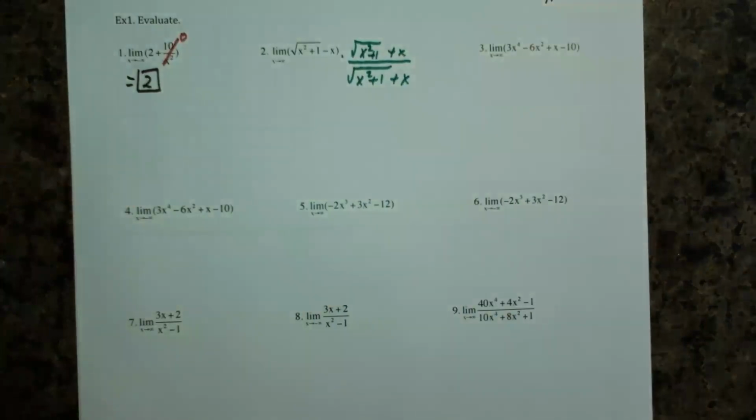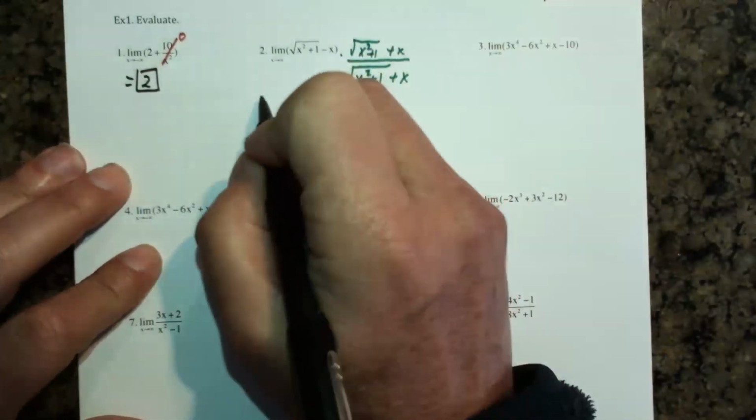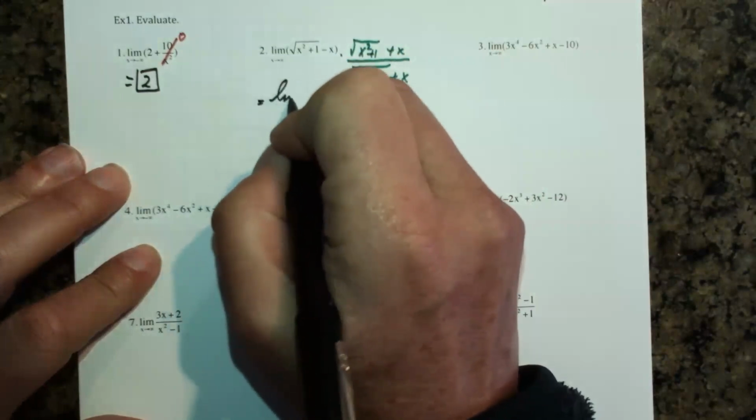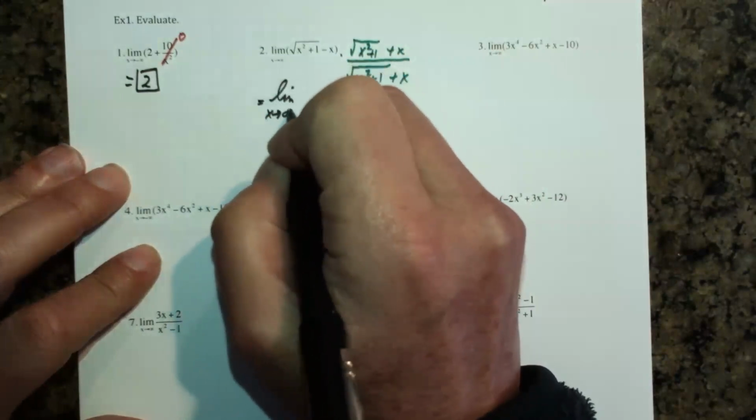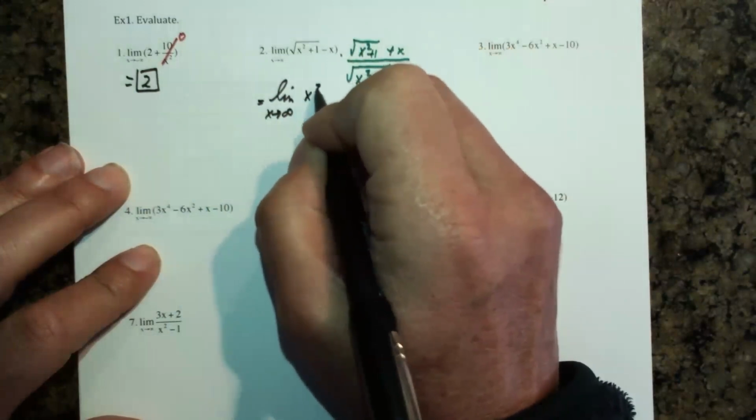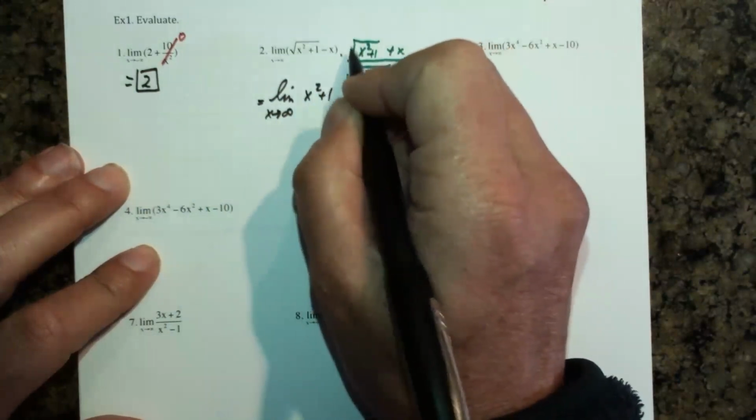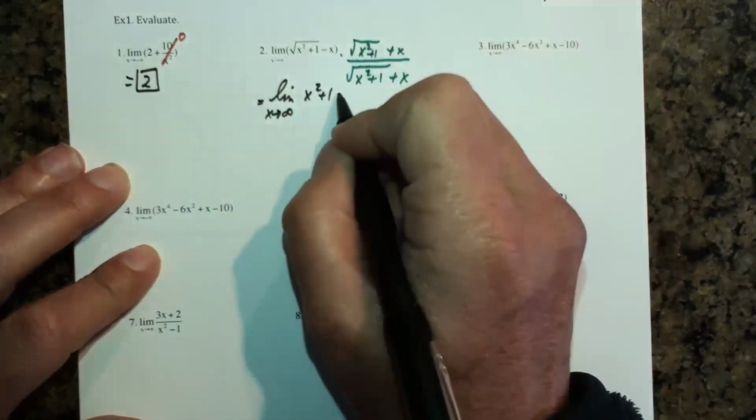And that's going to force a difference of squares up top. So it's going to be the radical squared. That's just going to be x squared plus 1, because the radical and the square cancel each other out, minus x squared.